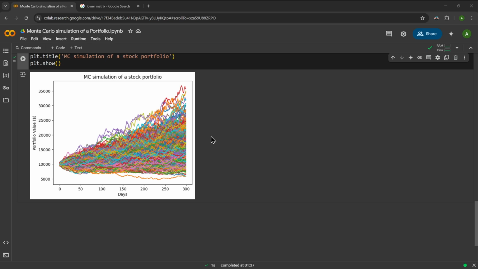The second one is portfolio evaluation, as I showed here today. We can predict whether the portfolio will end up in a profit or a loss in the future, or if we have to have a different strategy in our investments.